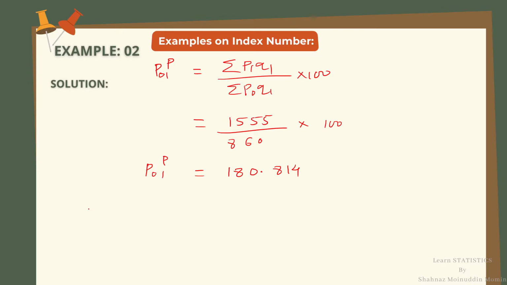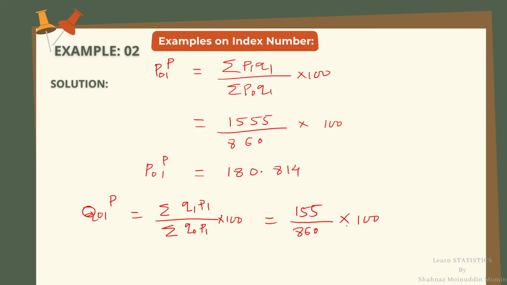Now, the quantity index number of Paasche is summation Q1 P1 upon summation Q0 P1 into 100, that is 155 divided by 860 into 100, and it is equal to Q01P is 107.612.